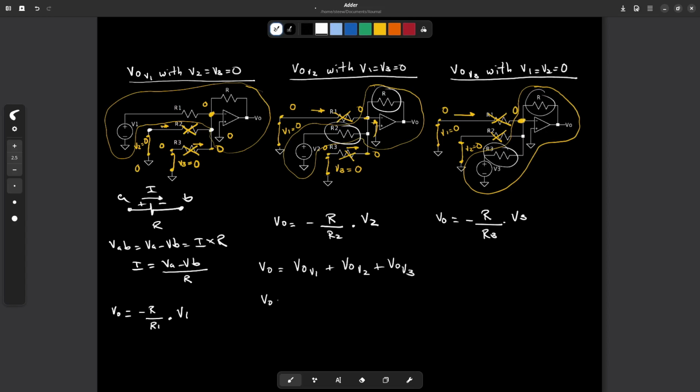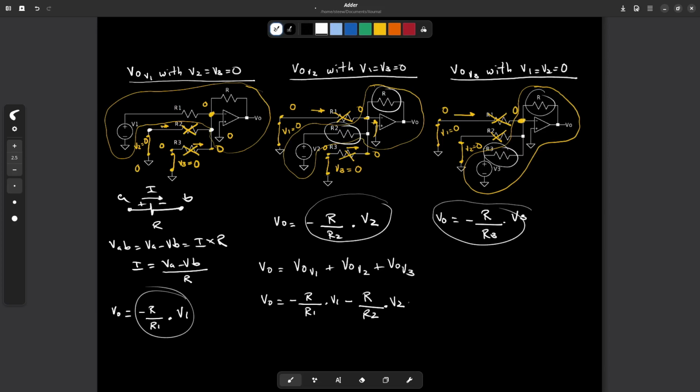So V0 will be minus R divided by R1 times V1, minus R divided by R2 times V2, minus R divided by R3 times V3, which is the same result we got before by using Kirchhoff current law.